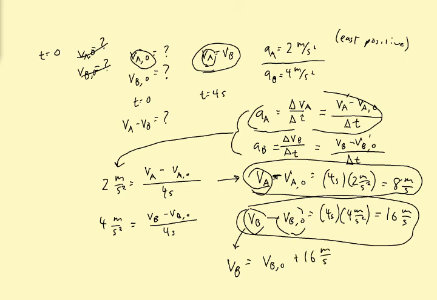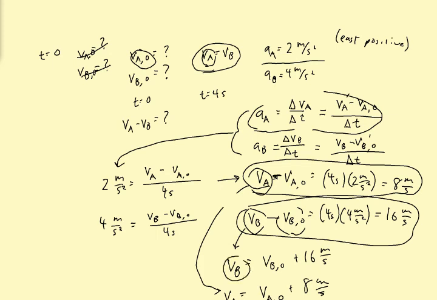And that equals VA, which is just VA naught plus 8 meters per second. I'm almost running out of space, and I may already be bleeding off the bottom edge, but I think you guys probably know what I'm doing here. So let's bring these up.